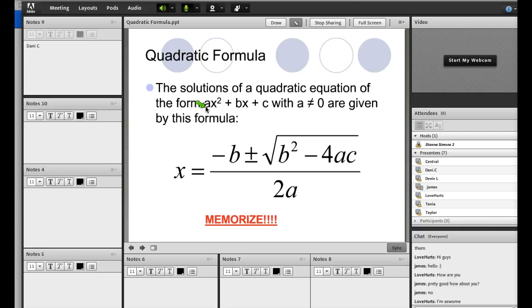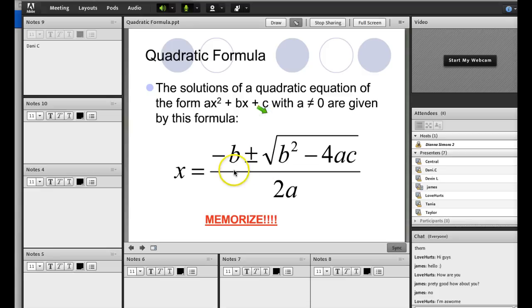If there is no number, that means that a value is 1. It's not 0, it's just 1. B value is the term in front of the x, the linear term, and the C value has no variable with it, and it's called the constant.